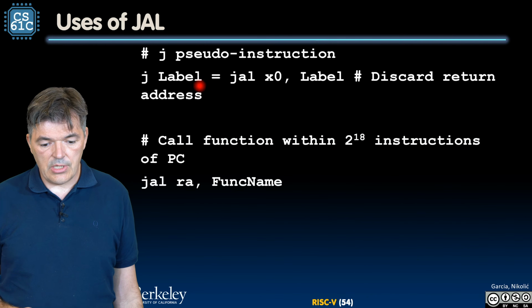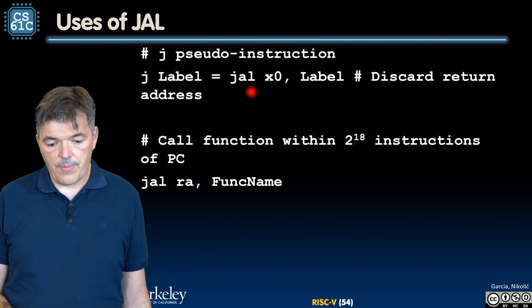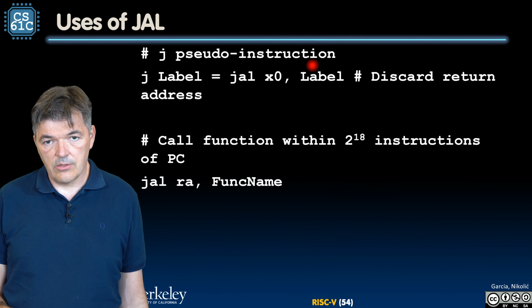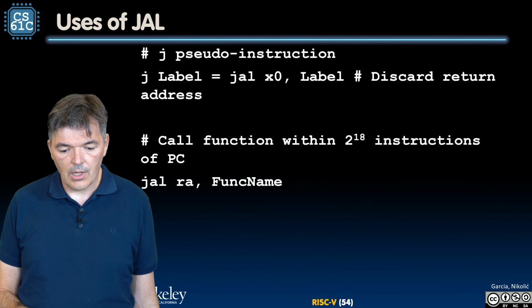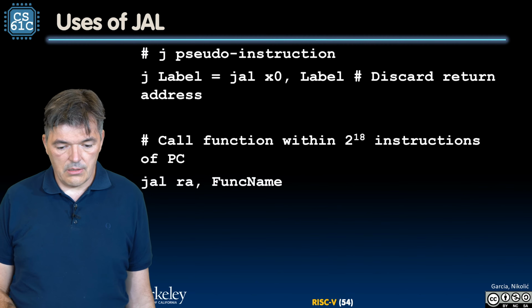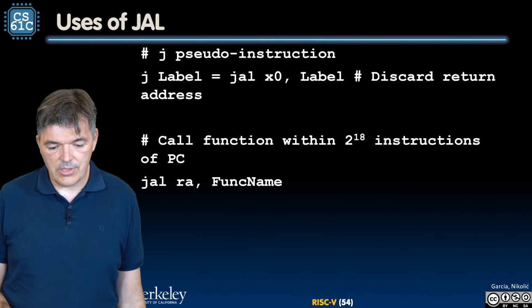Here is a J pseudo instruction. J label is the same as Jalr without saving the return address to an address specified as a label. And then that label will be calculated relative to the current PC.